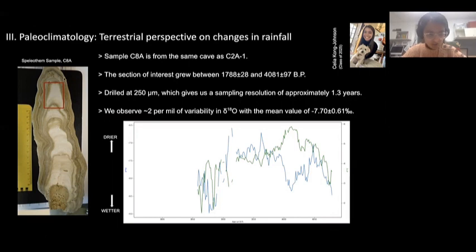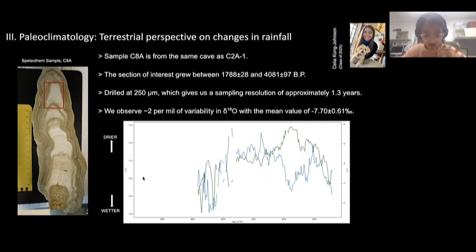So we are just focusing on the top 5 centimeters, and that section grew between 1788 through 4081. So there is overlap between C2A-1 and C8A, the two stalagmites from Colombia. The sample was drilled at 250 micrometers, which gives us a sampling resolution of approximately 1.3 years.